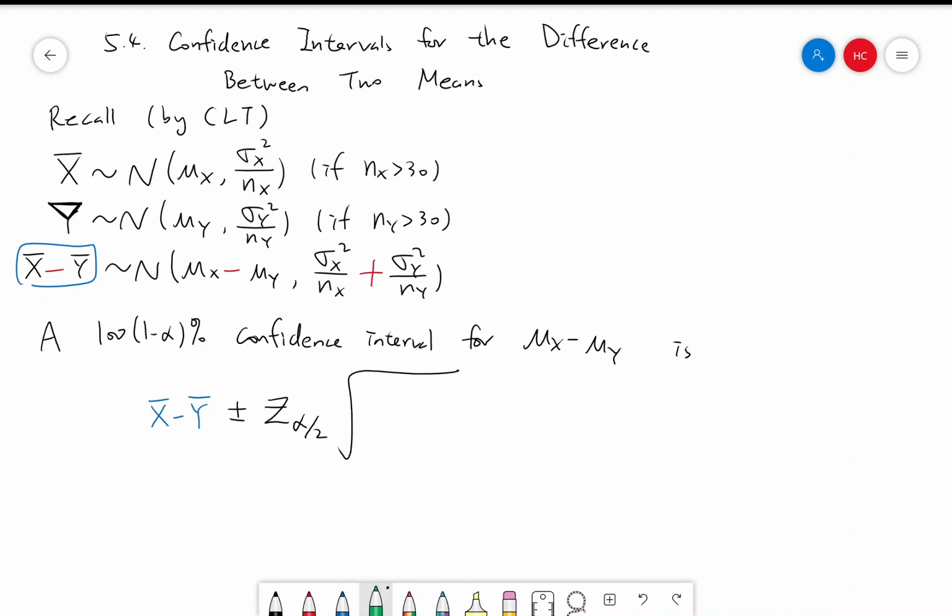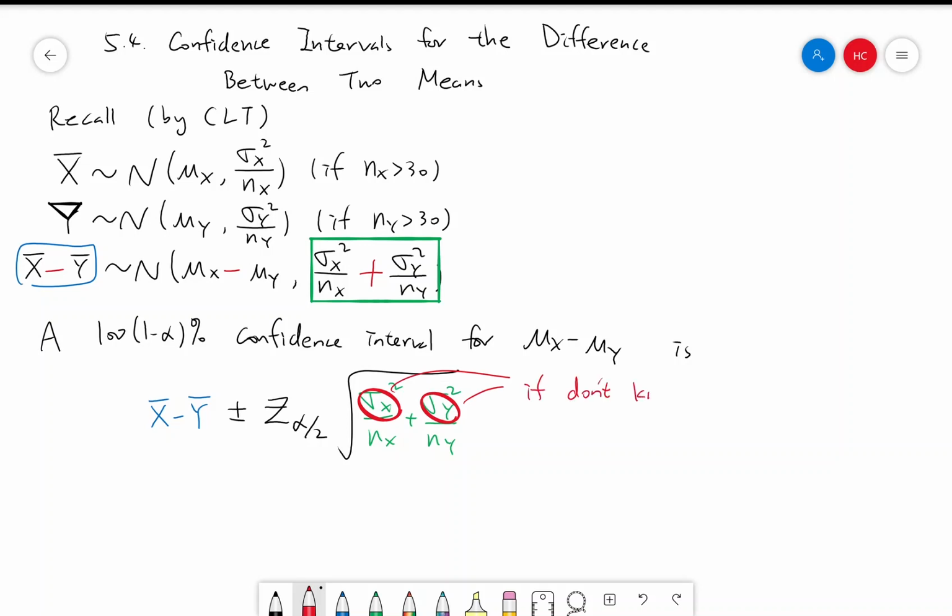Inside the square root is our variance. And here, we often don't know the values of the population standard deviation. In that case, we use the sample standard deviations instead.